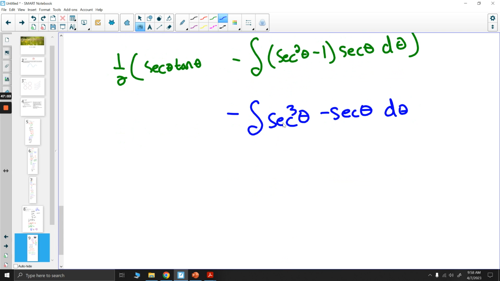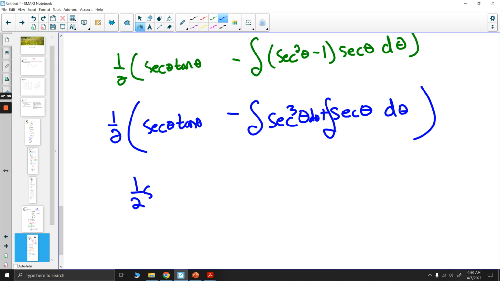We could distribute this negative as well if we want to split this up into two integrals. You might say, ooh, that's not good. We're back to where we started. But if you remember, that's actually not so bad. Because again, it's minus and a minus, that distributes as a plus. So we have these two integrals now, and we still have 1/2 times all of this. So let me go ahead and distribute that 1/2 as well.